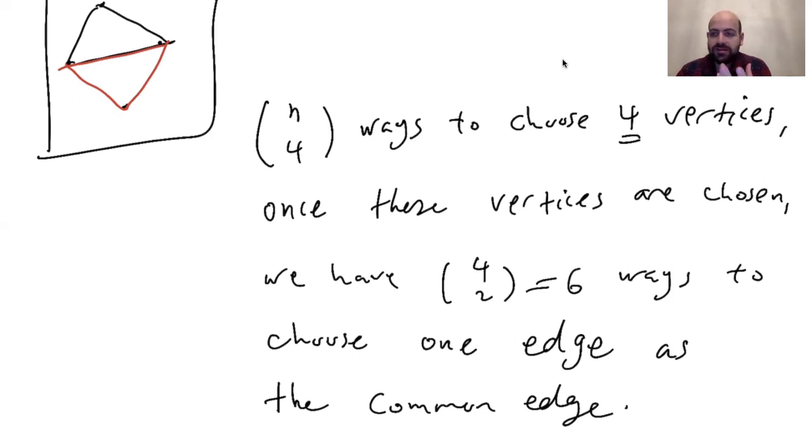Once I fix the 4 vertices and the common edge, the probability of appearance of 2 such triangles means the probability of appearing 5 edges in total, which happens with probability p to power 5.